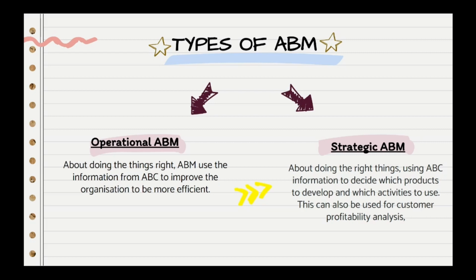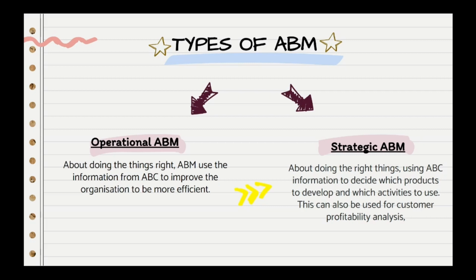This means the ABM process will identify the value added activities first before making any improvement, and non-value added activities can be reduced or eliminated without reducing the product values. So even though they eliminate or reduce some non-value added activities, the quality of the product will remain the same before and after improvement.